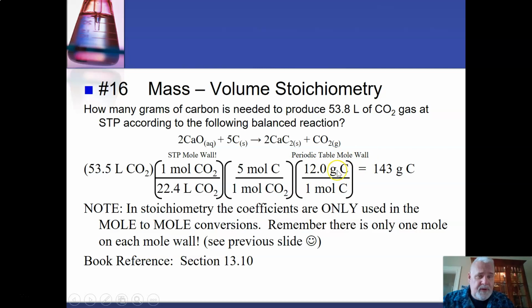So you got 12.0 grams of carbon, 1 mole of carbon. You multiply the top numbers, divide by the bottom numbers, you get 143 grams. The coefficients are only used in the mole-to-mole conversion. Okay? There is 1 mole on each wall.